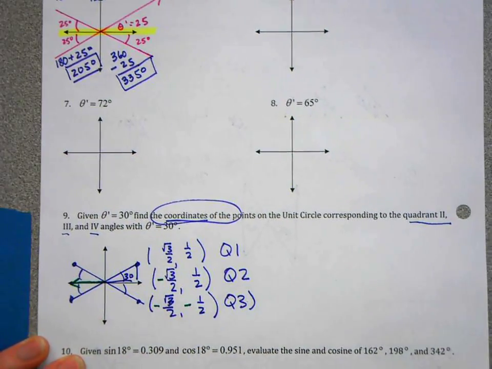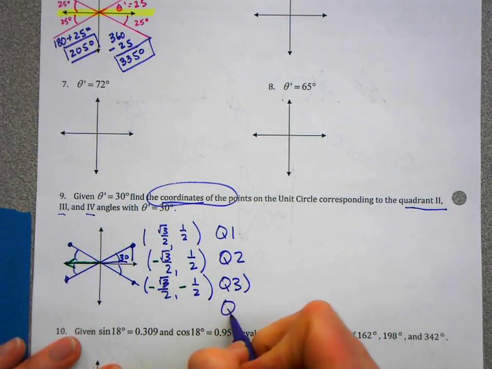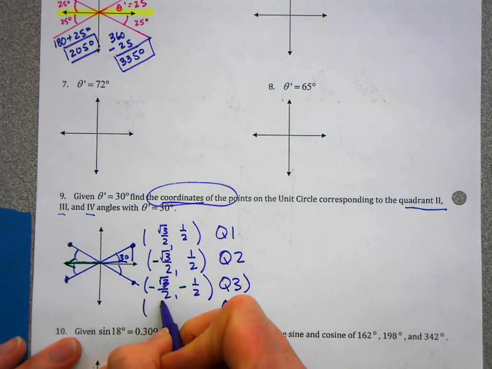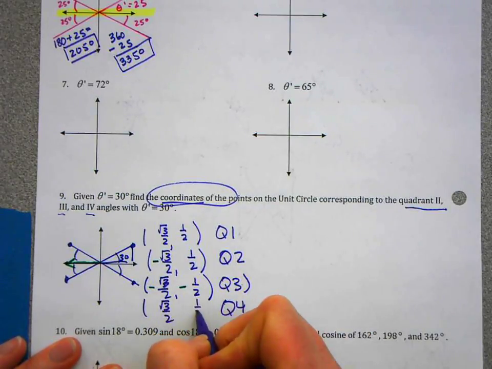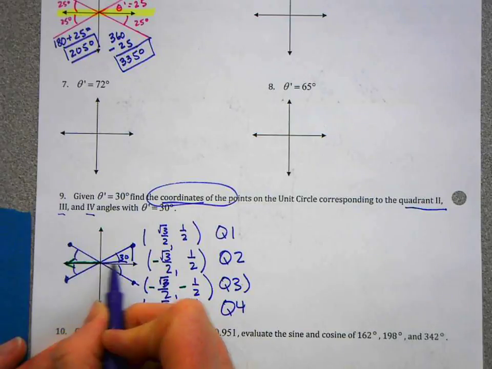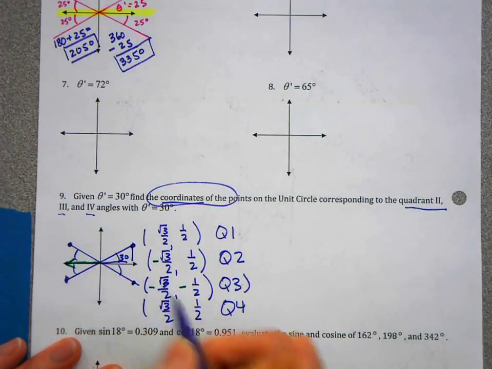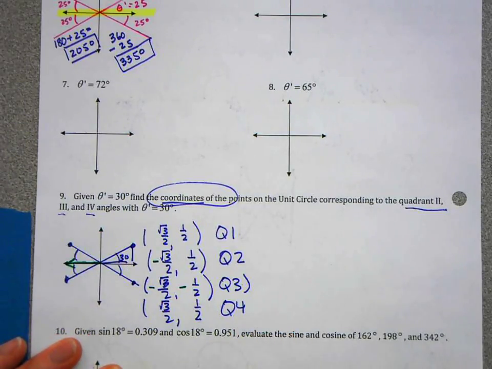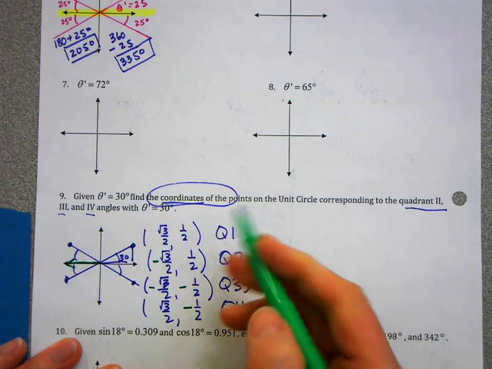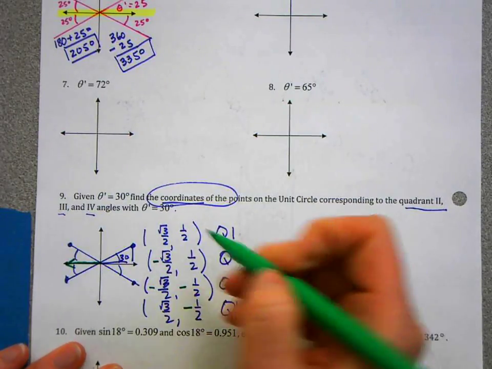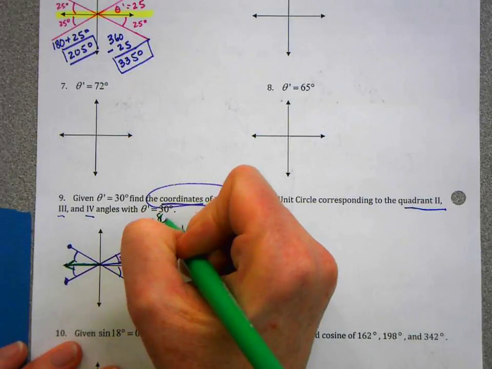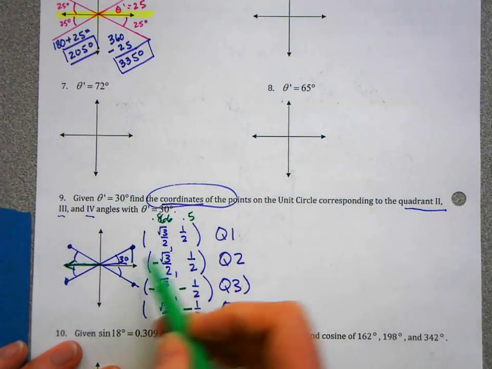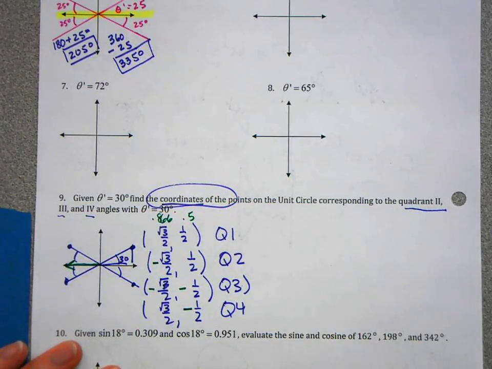And in quadrant 4, what happens? Same, radical 3 over 2, 1/2. The cosine value is positive, but the sine value is negative. Okay, so all the actual values are the same. Remember, this is 0.866 and this is 0.5. The values are the same, the signs are different.